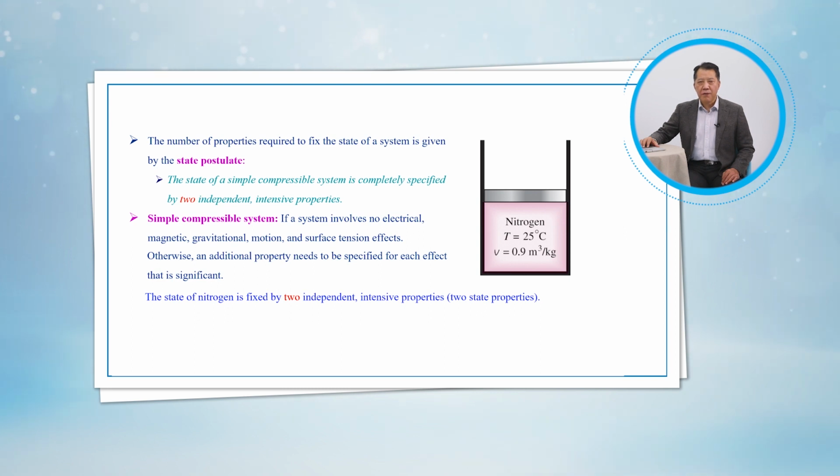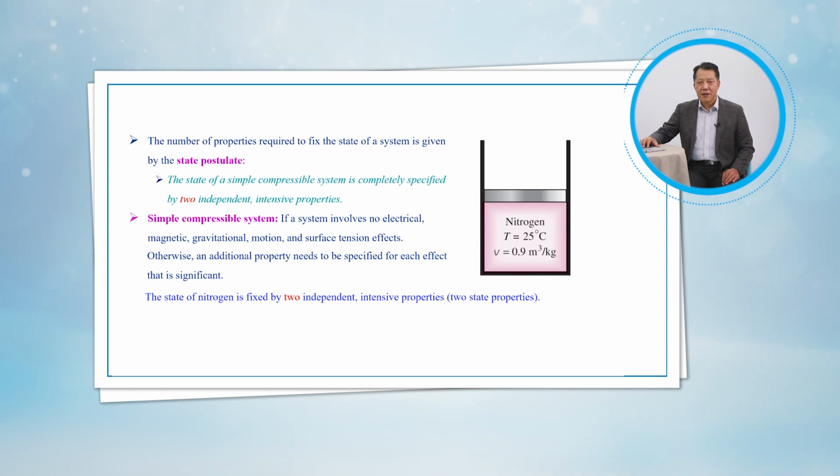Temperature and pressure, however, are independent properties for single-phase systems, but are dependent properties for multi-phase systems. At sea level, water boils at 100 degrees centigrade, but on a mountain top where the pressure is lower, water boils at a lower temperature, that is, T equals f(P) during a phase change process.